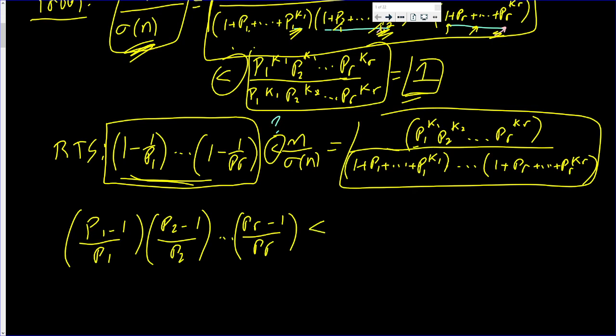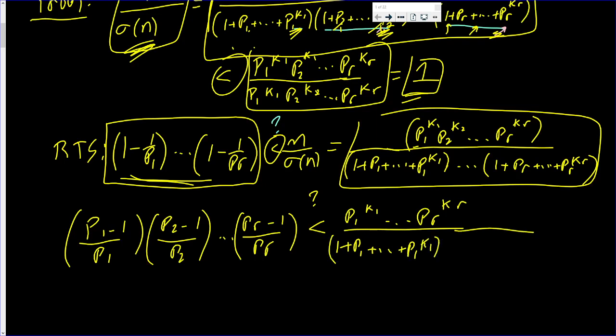And I want to show that it's less than the right hand side, p1 to the k1 all the way down to p r to the k r, over 1 plus p1 all the way up to p1 to the k1, dot dot dot, 1 plus p sub r all the way up to p sub r to the k sub r.